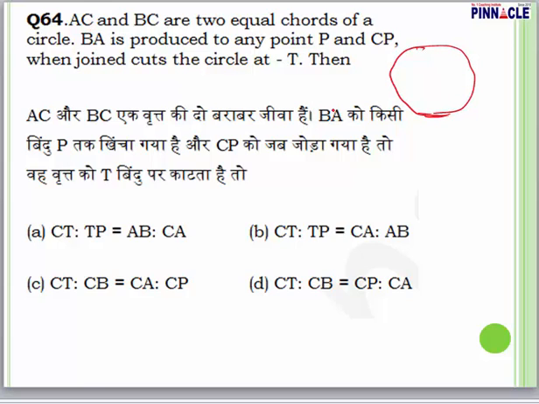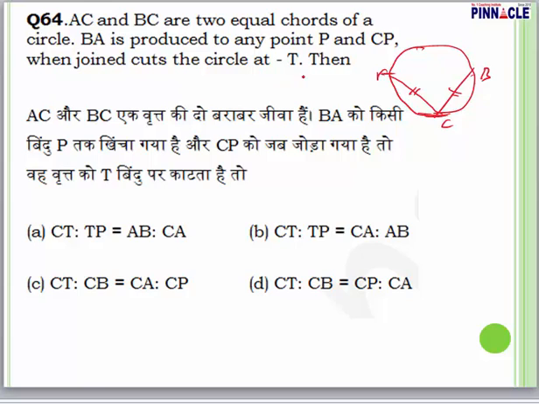This is the circle, AC and BC. These are two chords which are equal.